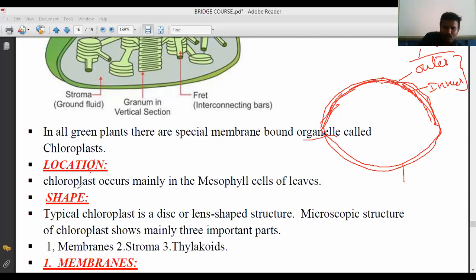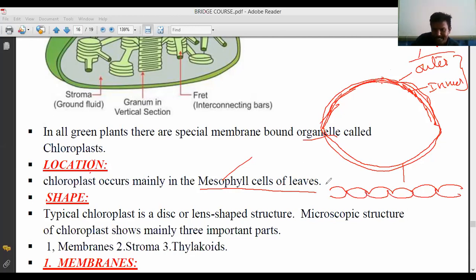Where is the location of the chloroplast? Chloroplast occurs mainly in the mesophyll cells of the leaf. What are mesophyll cells? When you cut the leaf transversely, the leaf surface appears like this.